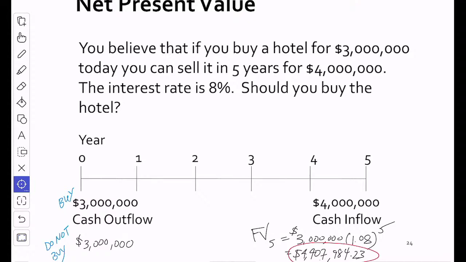So what we're going to do instead is calculate the present value of this investment, but we're going to do it in net, meaning we're going to look at the cash outflows against the inflows. So we're going to get the net amount.